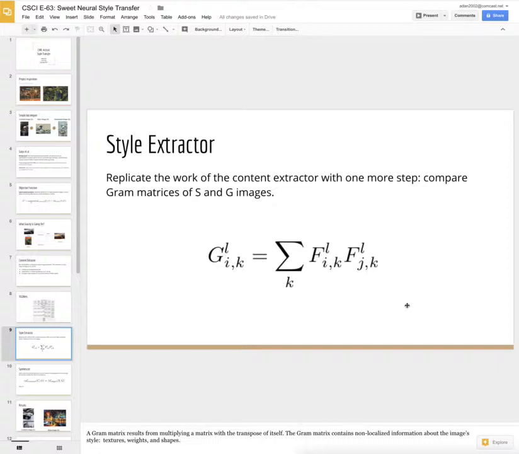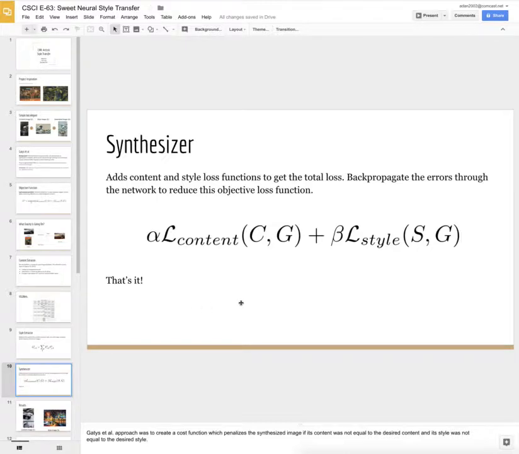So very similarly to what was being done for the content extractor, at each intermediary layer of the network, we would compare the gram matrices between the two images and use that as our loss function. And so we put the two loss functions together to arrive at our total loss, and then we scale them by alpha and beta. And that's pretty much it. That's all that there is to it.